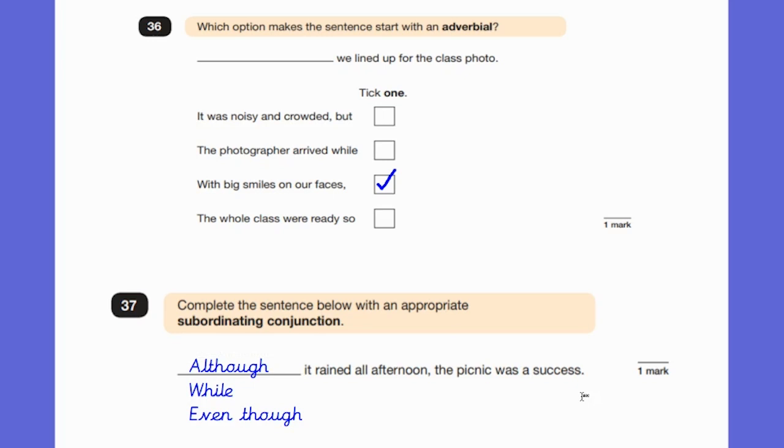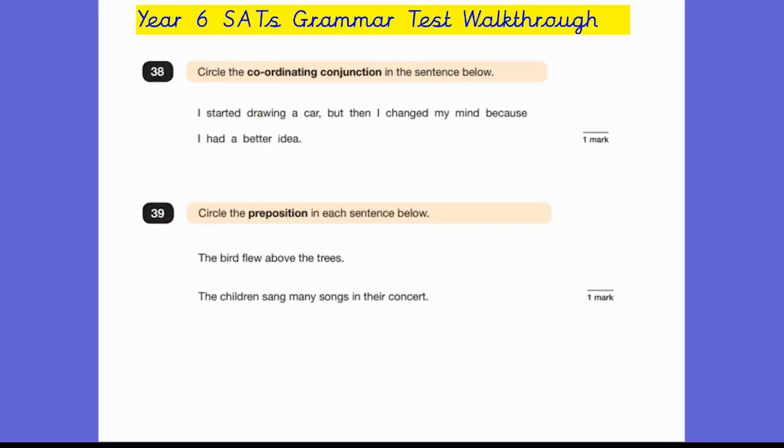Subordinating conjunctions such as since and because will not make sense in this context, because you wouldn't say, because it rained all afternoon, the picnic was a success. What the sentence needs to say is, even though it rained, the picnic was still successful. So it should be although, while, and even though for that question there.